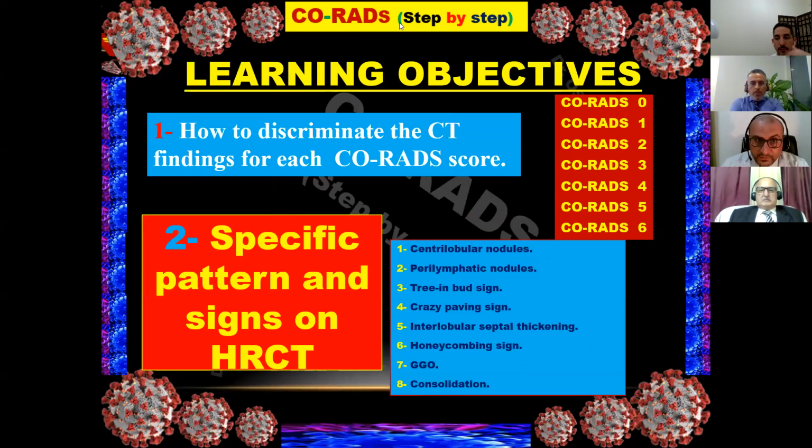The learning objective of my presentation is how to discriminate the CT CO-RADS type or score from 0 to 6, and how to be familiar with specific patterns and signs of HRCT, which is very important for grading or scoring CO-RADS, like centrilobular nodules, perilymphatic nodules, the tree-in-bud sign, crazy paving, interlobular septal thickening, honeycombing, and of course ground glass, which is very important for diagnosis of COVID-19 and for scoring of CO-RADS, and also for differentiating it from consolidation.